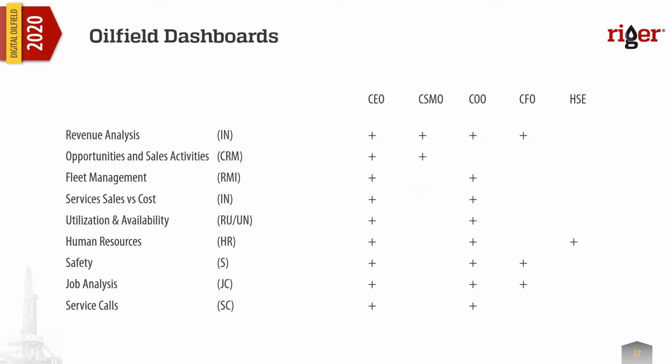Say, for example, here's one of the structures from one of our projects, which we set up for different roles: chief executive officer, chief sales marketing officer, operation officer, financial officer, and an HSE officer. So based on the role, we build different dashboards showing different data.